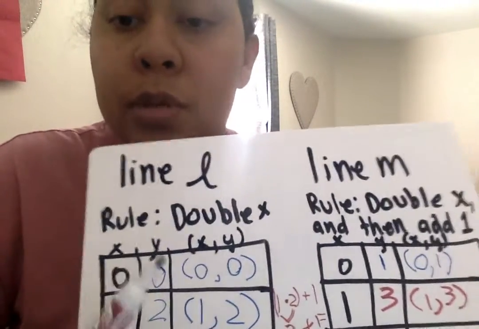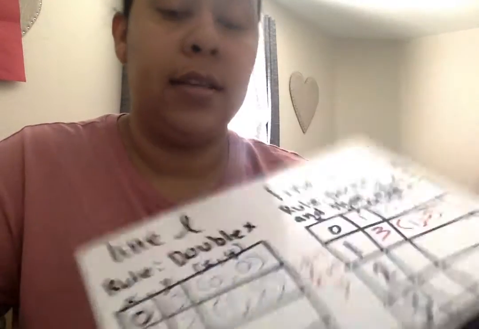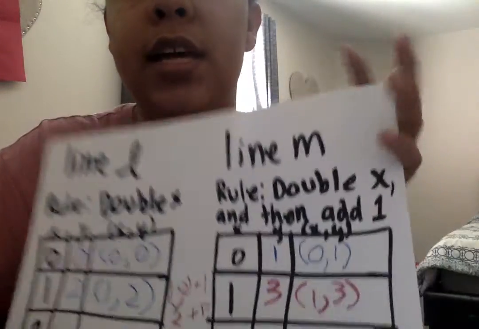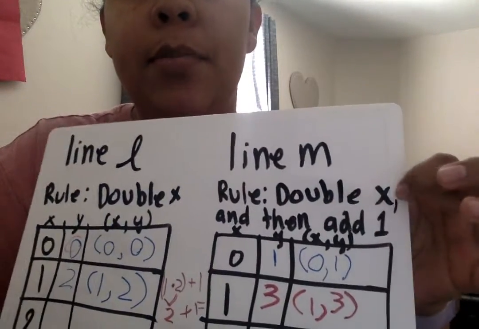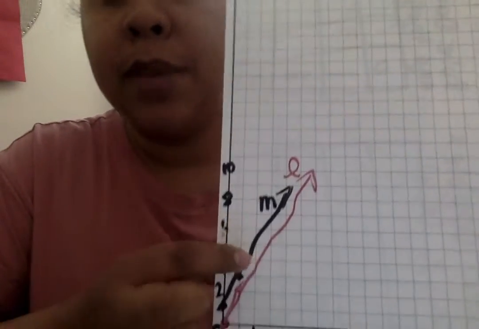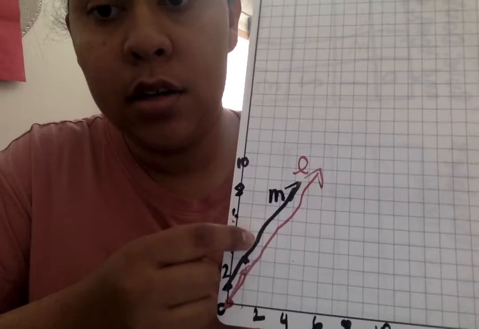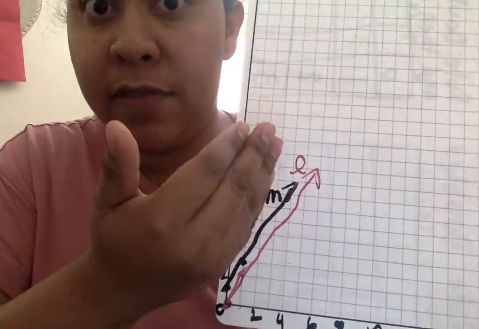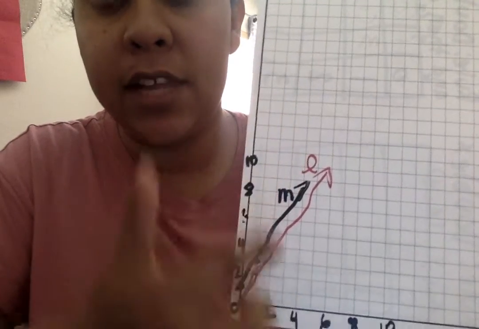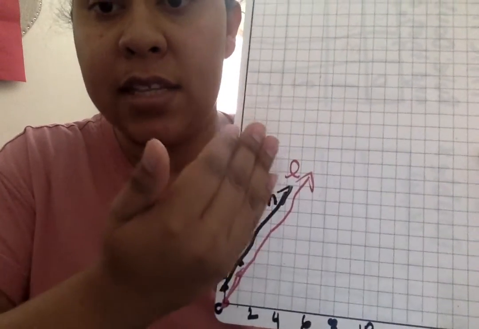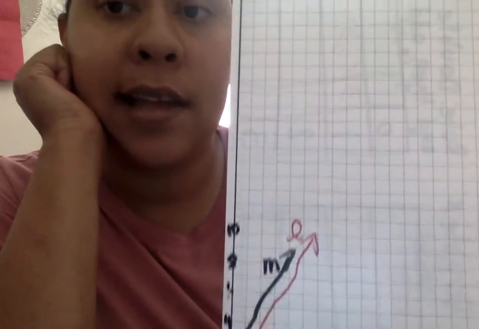So this rule is double the X, and it made this line. The rule for line M is double the X and then add 1, which made line M here, which showed that the line will be above line M. Line M is above line L. Do you see that? We added 1, and then it made the line above line L.